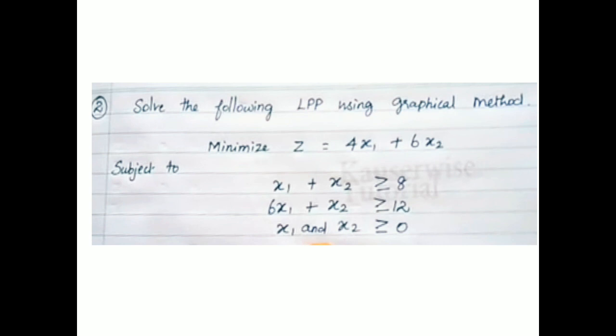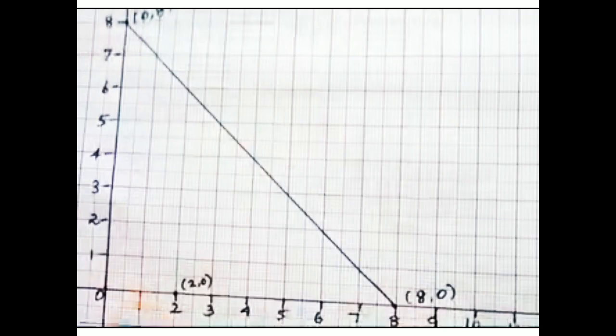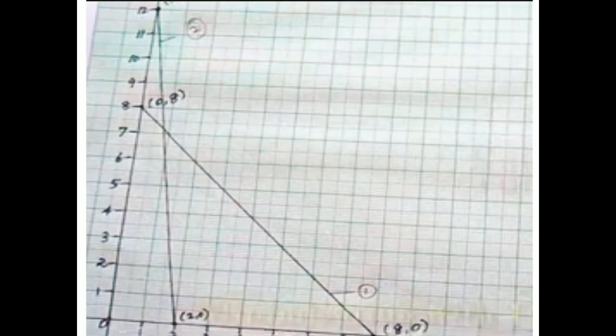So the second inequality constraint is also not satisfied, which means the feasible area is the area above the line marked as 2, the area which will not contain the points x1 and x2 to be 0, 0.